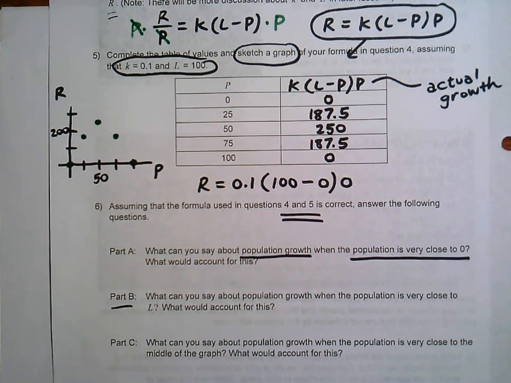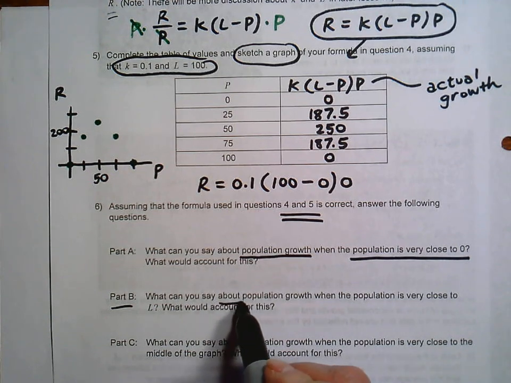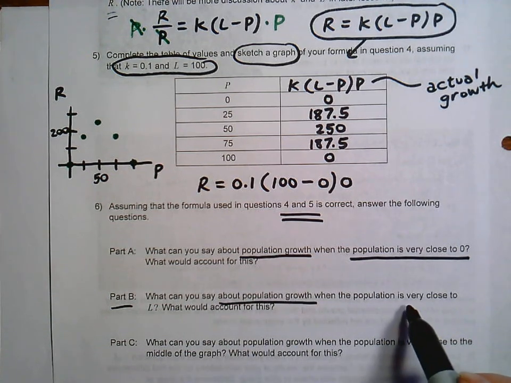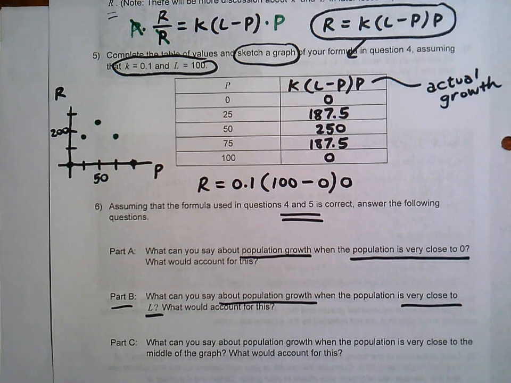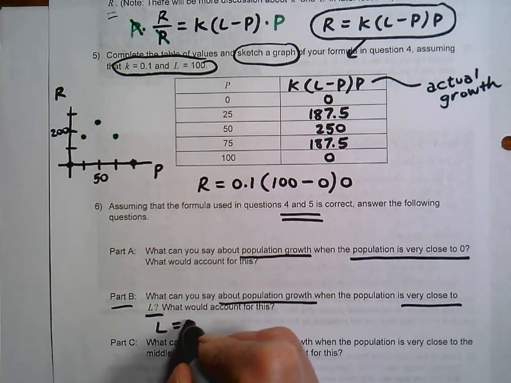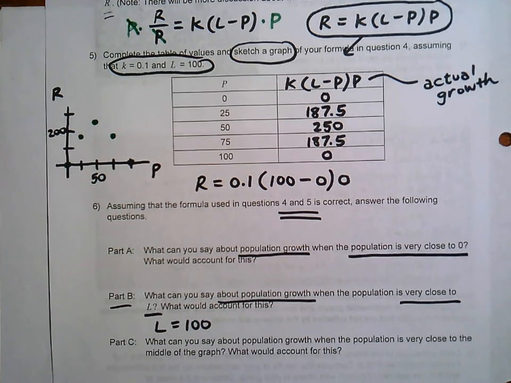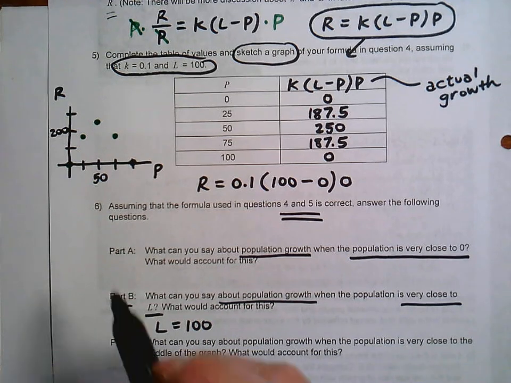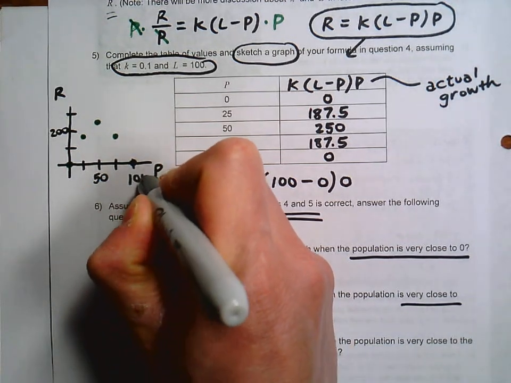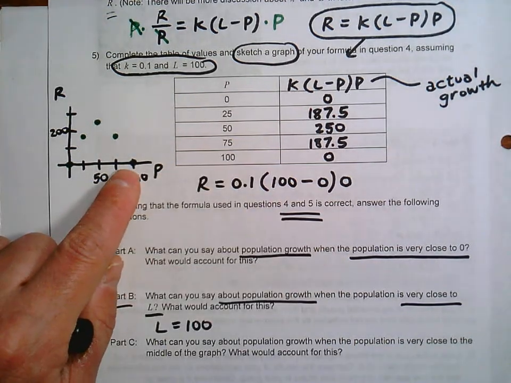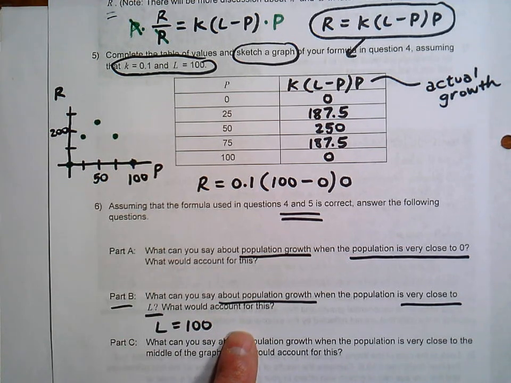Now let's look at part B. It says, what can you say about population growth when the population is very close to L? Remember the value of L is 100. So they're saying when the population is close to 100, so that's right about here, what can you say about the rate? Well, the rate here is also very, very small.